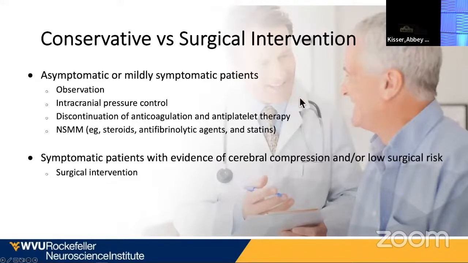So that's why it's important that we come up with other treatments that allow us to continue these treatments while breaking the cascade of injury and inflammation that leads to chronic subdural hematomas.